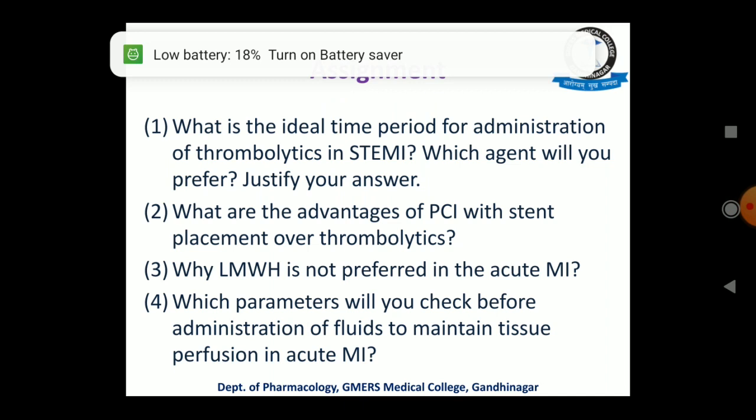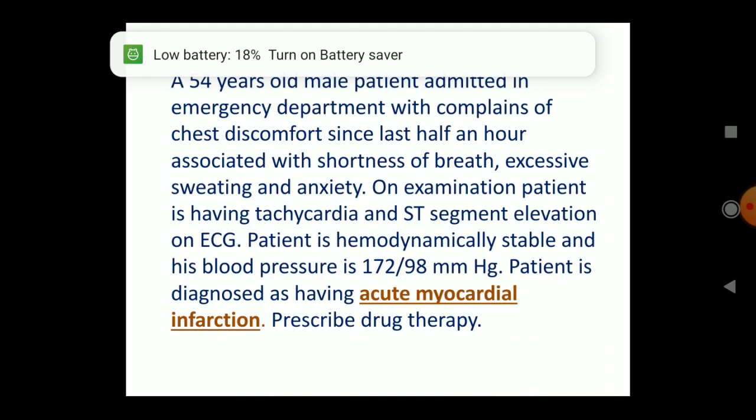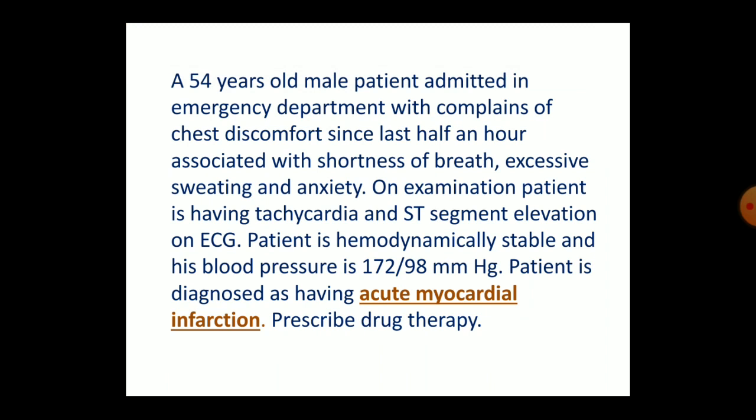And based on this discussion, you also have to write a prescription. A 54 years old male patient is admitted in the emergency department with complaints of chest discomfort since the last half an hour, associated with shortness of breath, excessive sweating and anxiety.